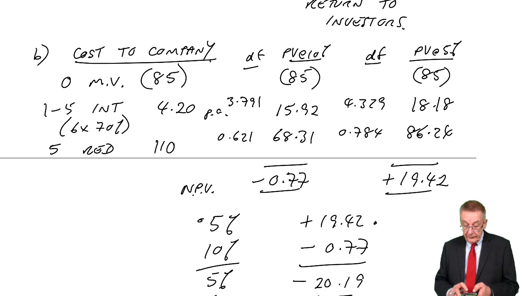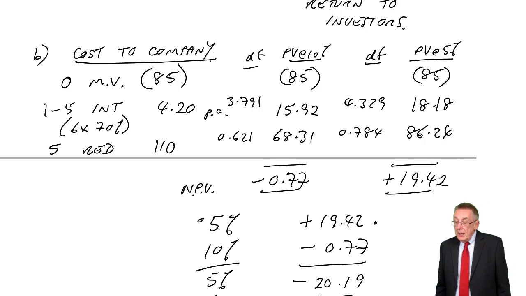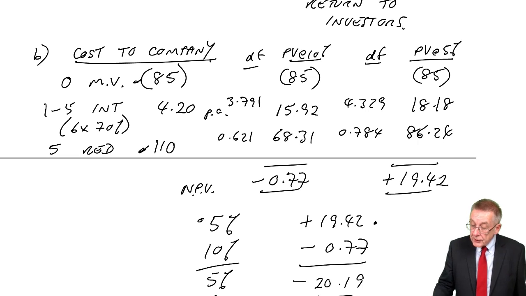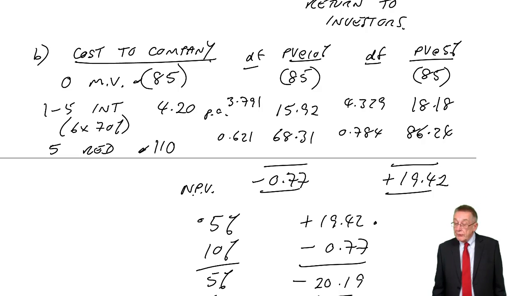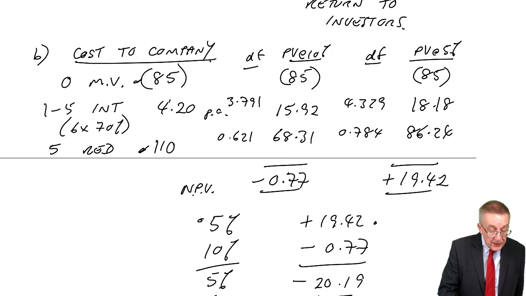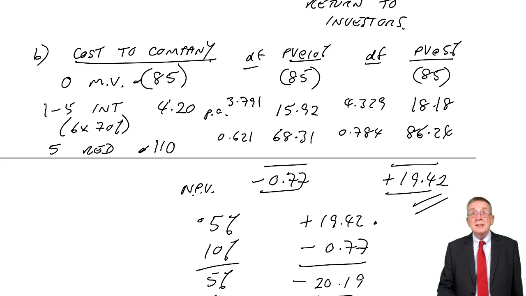Let me check again. 420 on 85. Yeah, it's 4.94%. Now, it's going to be a lot more than 4.94% because there's such a lot extra on the redemption. But as a result, I would have done my first guess at 5%.